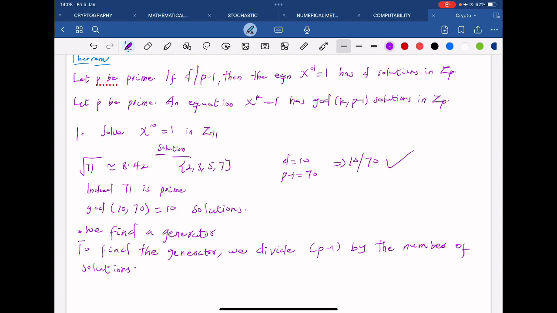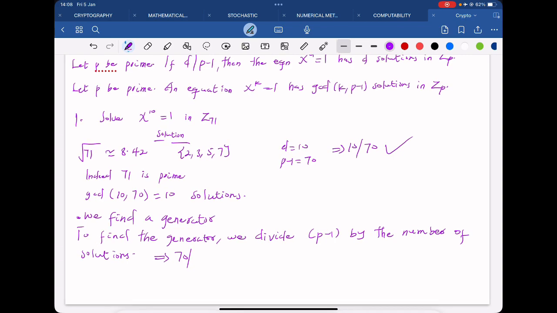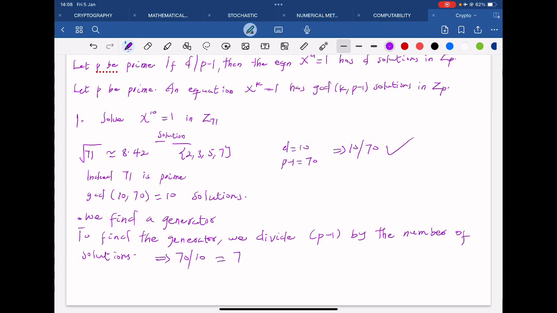So in this case, P minus 1 is 70, and the number of solutions that we got was 10. So this is equal to 7. So our generator will be of the form a exponent 7.